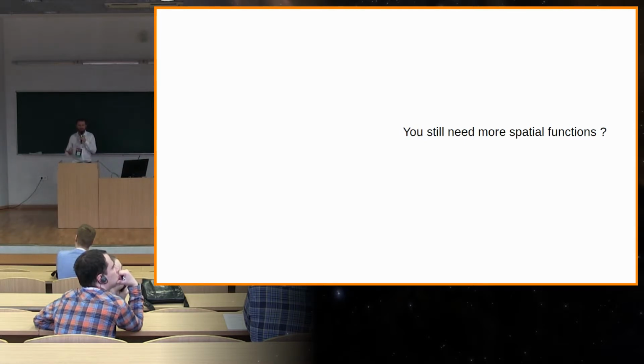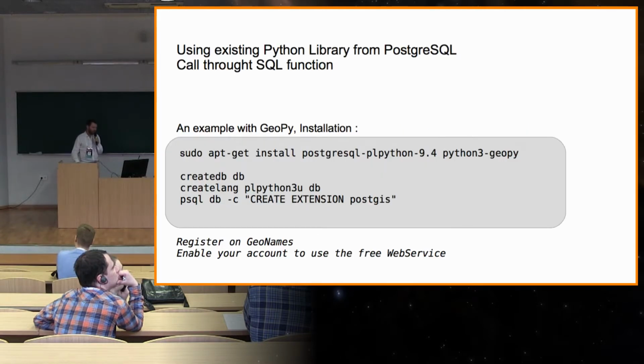Obviously, in PostGIS there are more than 200 or 300 functions built in right now, but sometimes we want more, we want to go further. And at this point, one really convenient way to do that is to use Python.